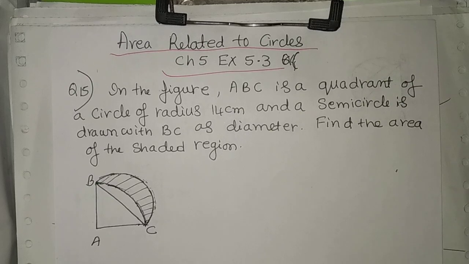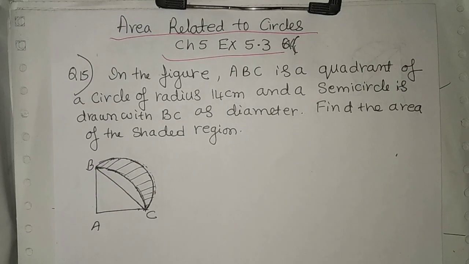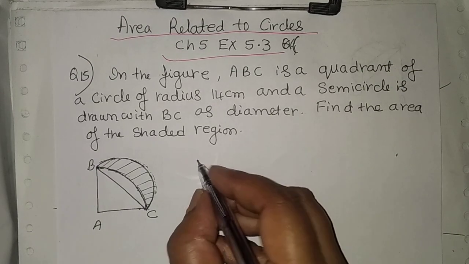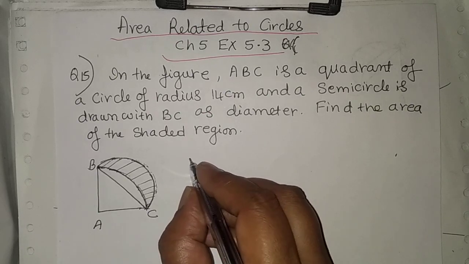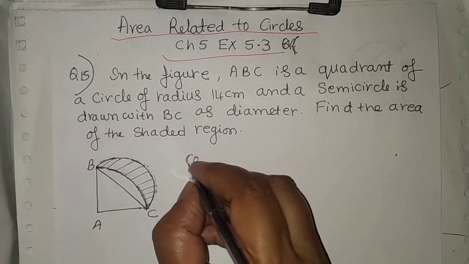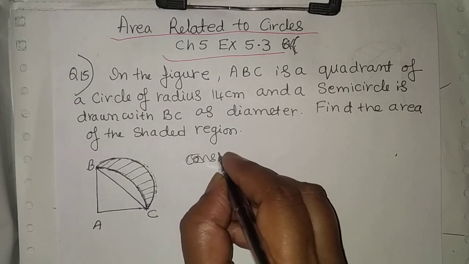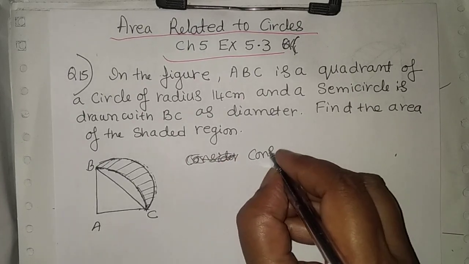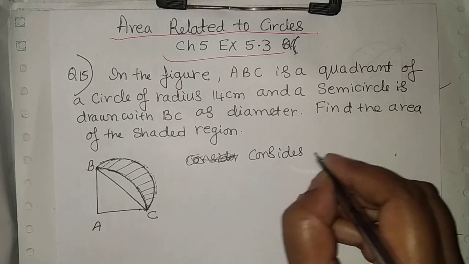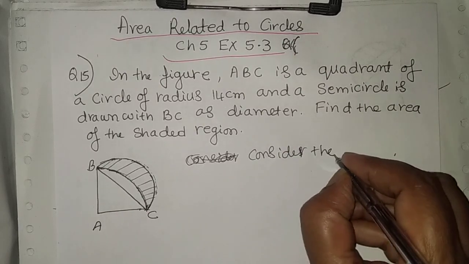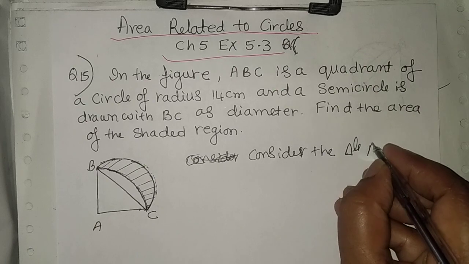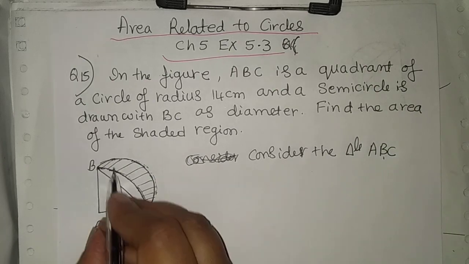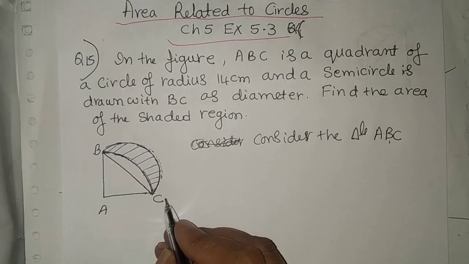So next, the first part here is we have to consider the triangle ABC. So take this triangle ABC first.